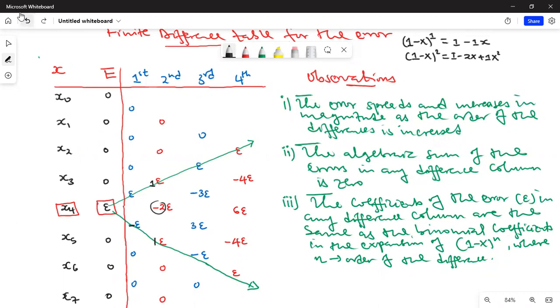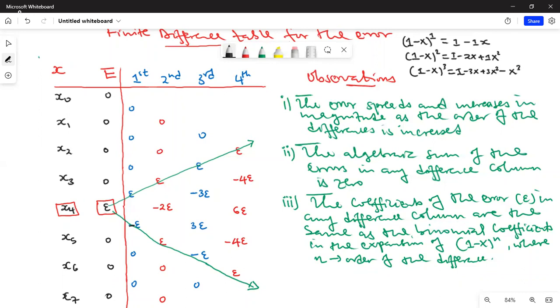I can also talk about the third order. When n is 3, 1 minus x raised to 3 is the same as 1 cubed minus 3 times 1 squared times x plus 3 times 1 times x squared, then minus x cubed.